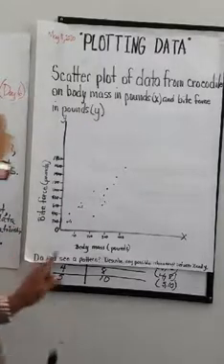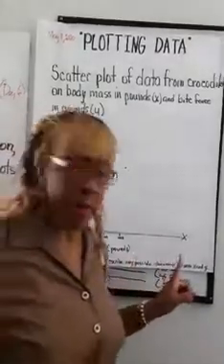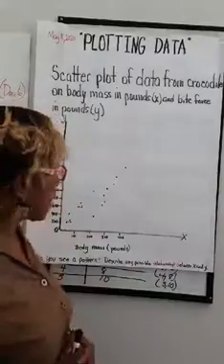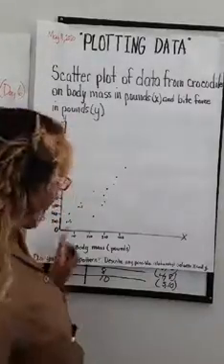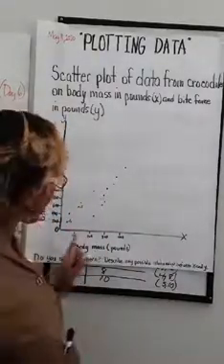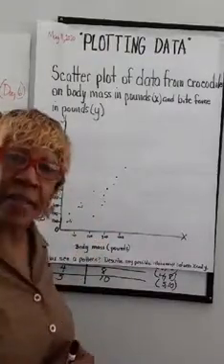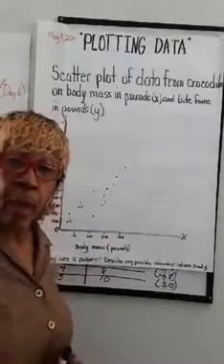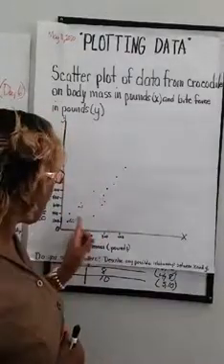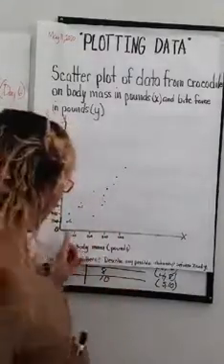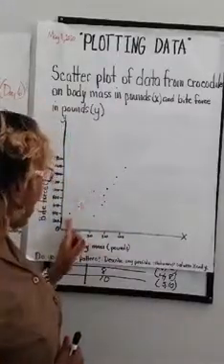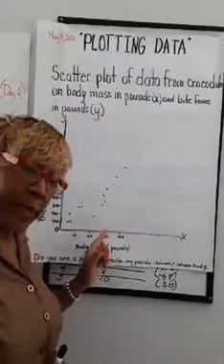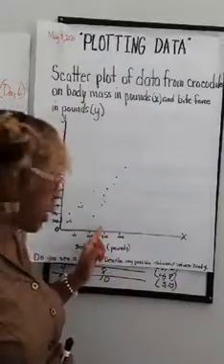It asks you, do you see a pattern? Some people said yes and some said no. If I were looking here, I would say that I can see a linear pattern or relationship. Linear means a line, and it appears to me that these dots are moving upward. They are increasing. So I could say it's a linear relationship.